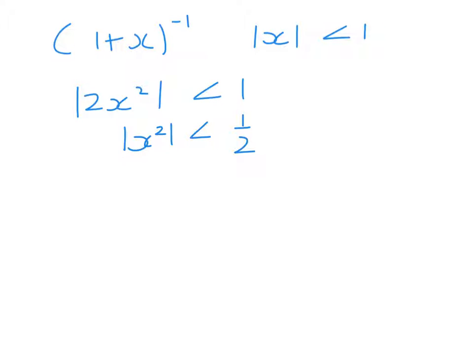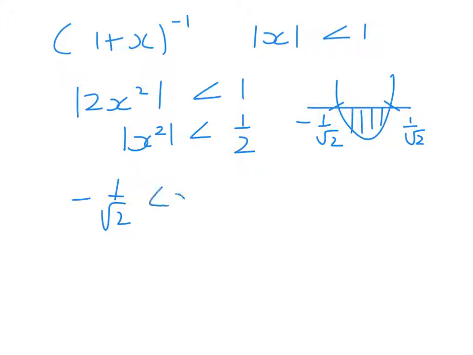Whenever we are dealing with squares, I always draw a graph and a line. So we want our two cutoff points, and they're going to be 1 over root 2 and minus 1 over root 2. We want less than a half. So minus 1 over root 2 is less than x is less than 1 over root 2.